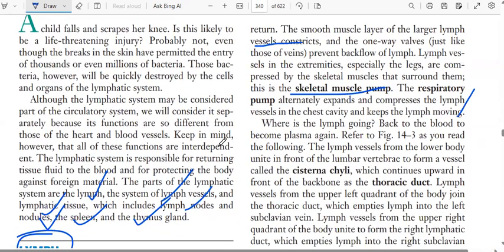So here, lymphatic vessels have smooth muscles, which will constrict, and it will go forward. Okay, one thing. The second thing is that in the lymph vessels also there are one-way valves to restrict the returning of lymph.